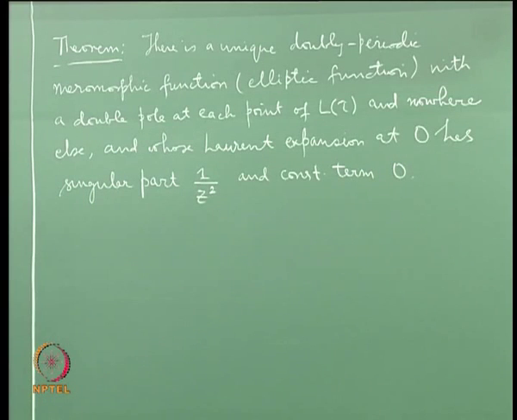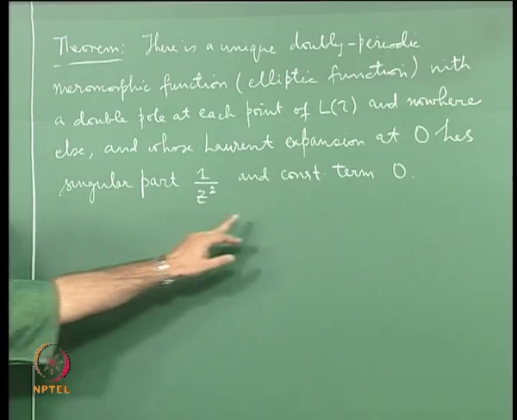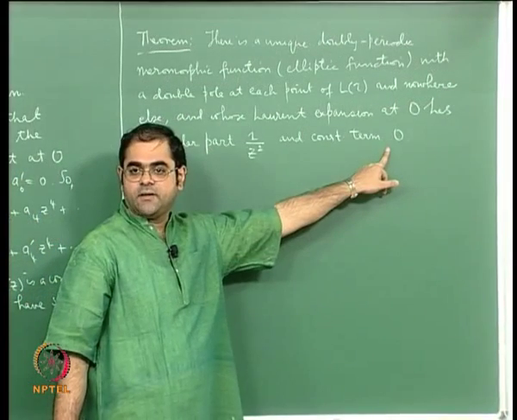So what I have proved is that there is essentially only one, and given this normalization exactly one doubly periodic meromorphic function with pole of order 2 at each lattice point, and with the extra normalization condition that the Laurent expansion at 0 the singular part is 1 by z squared and the constant term is 0, okay.